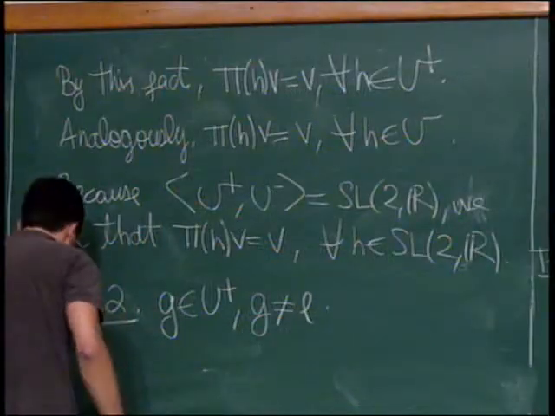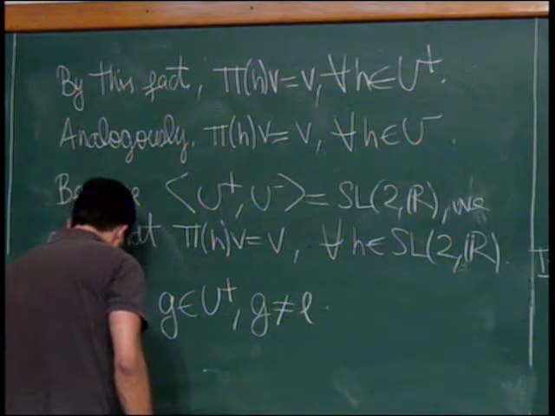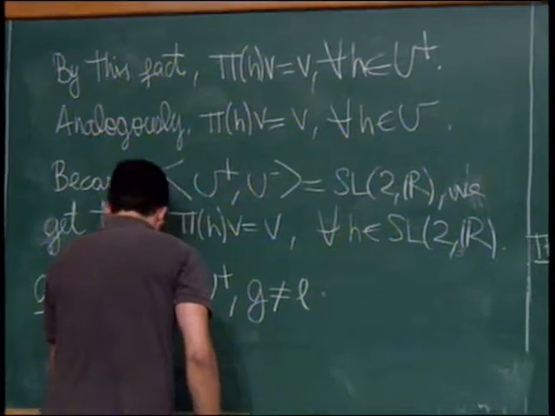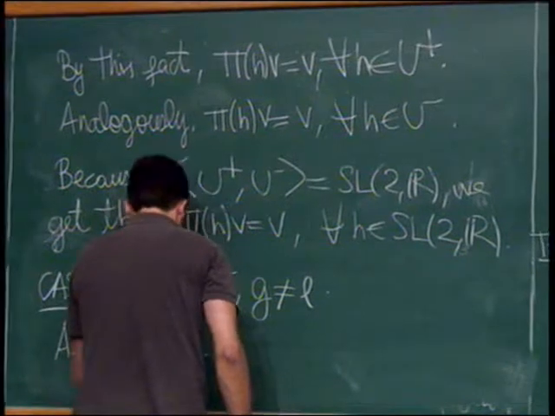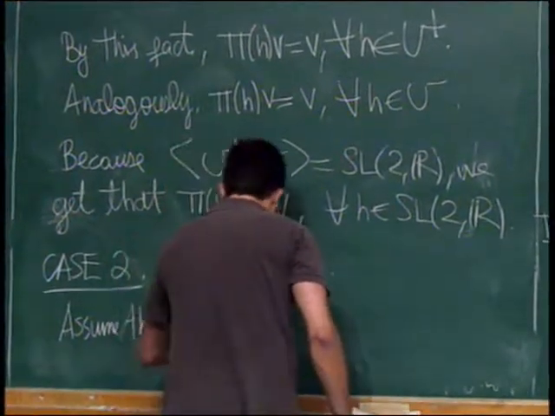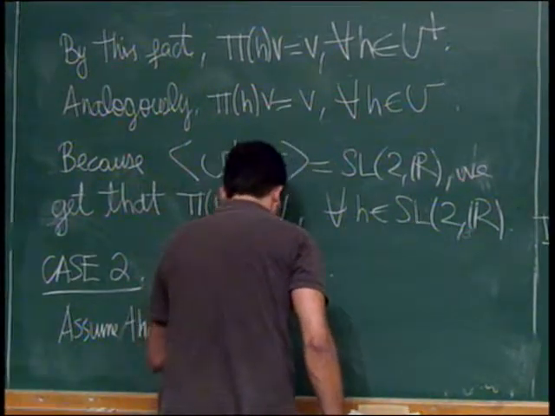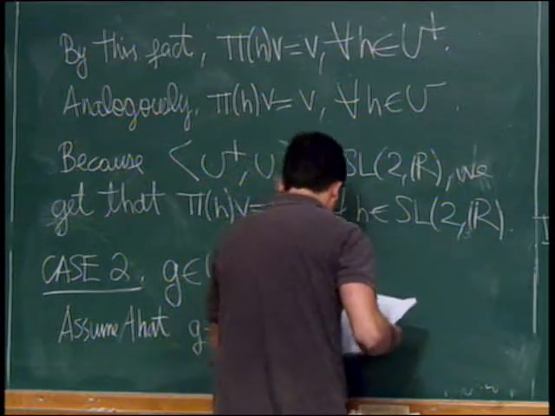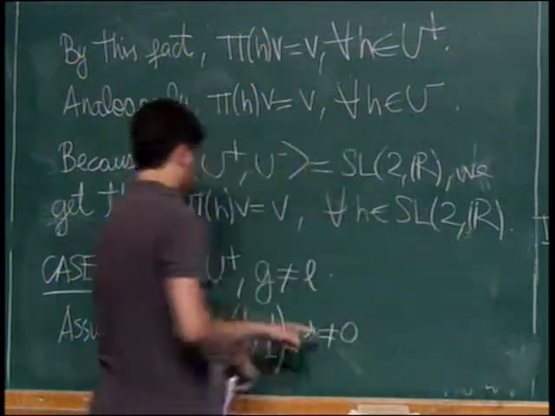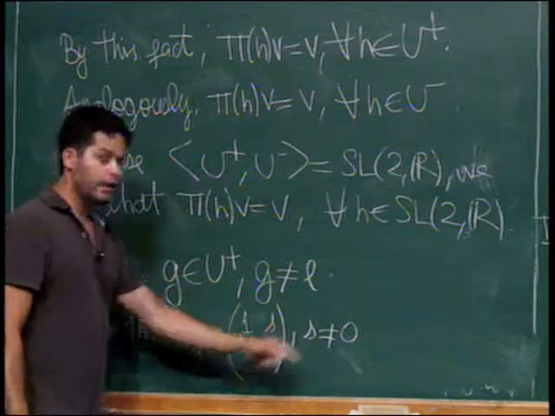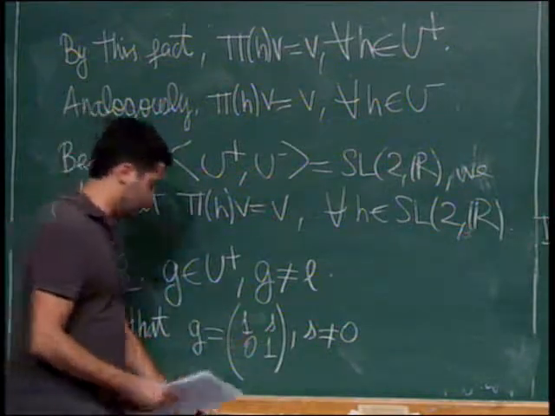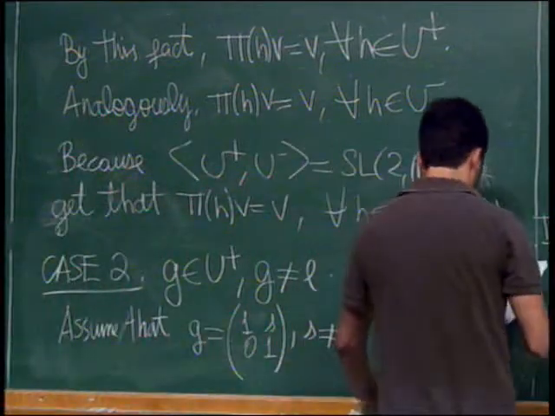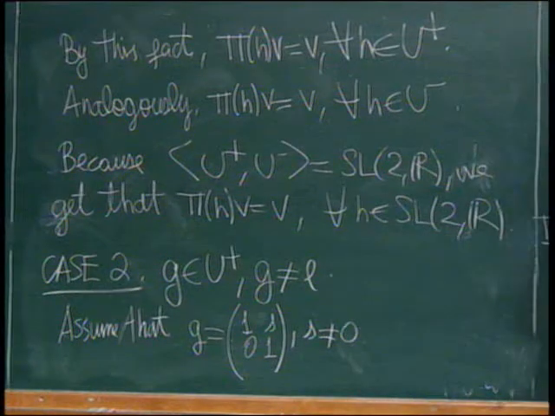So assume that your G is in U plus, so it can be written as 1, S, 0, 1. And because G is not the identity, S is different from 0.